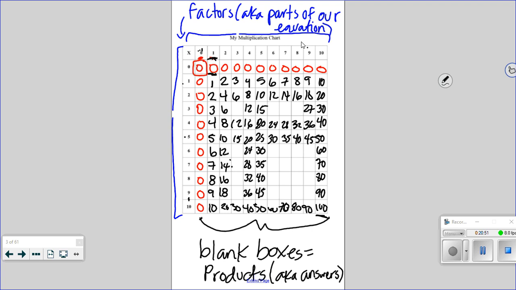9 times 5. That one should already be filled in, and that's an easy one to skip count. What is 9 times 5 if you don't have it filled in? Brinley? 45. 9 times 6. Ooh. Again, we have two options.